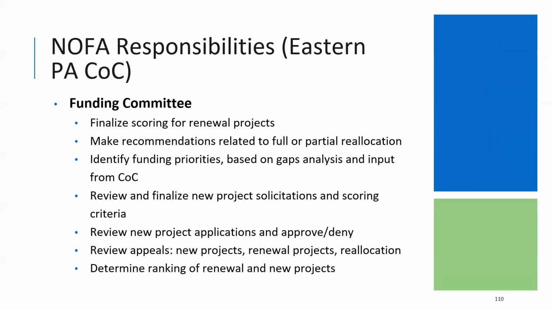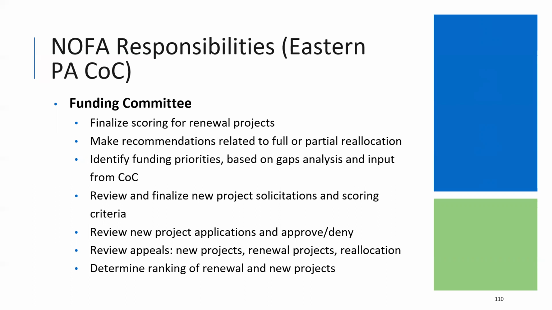So just breaking down who does what in terms of the NOFA, the funding committee is responsible for finalizing the renewal project scoring, making recommendations about full or partial reallocation, identifying funding priorities based on the gaps analysis and input from the CoC, reviewing and finalizing new project solicitations and scoring criteria, and then reviewing those new project applications and approving or denying them.